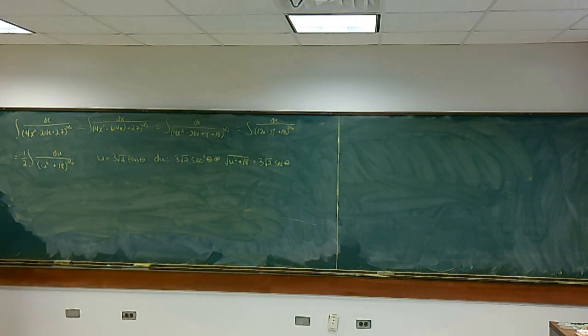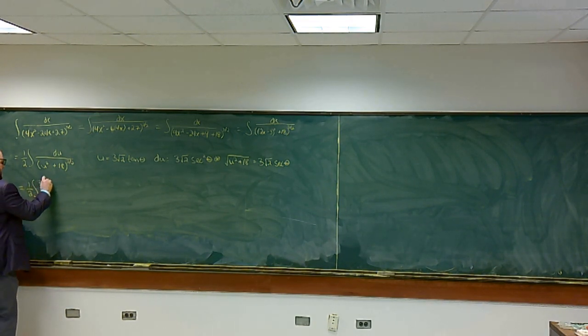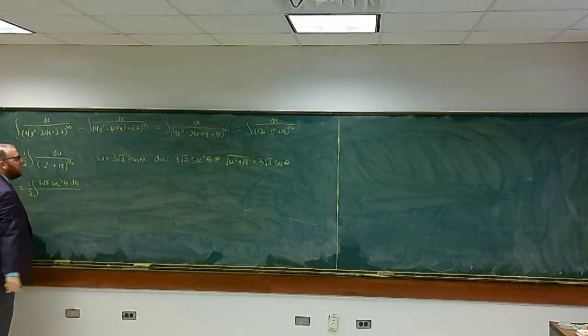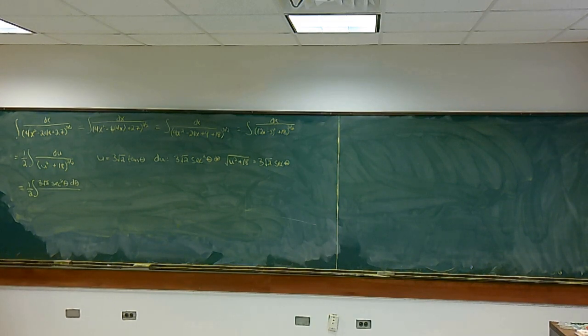There's our substitutions. du is 3 root 2 secant squared theta d theta, over u squared plus 18 to the 3 halves.